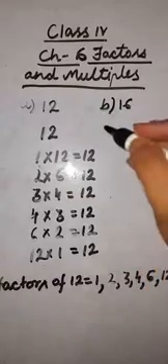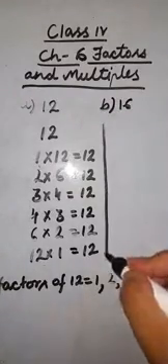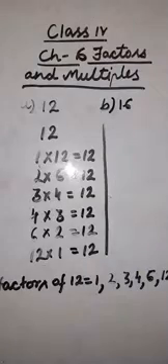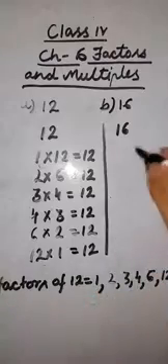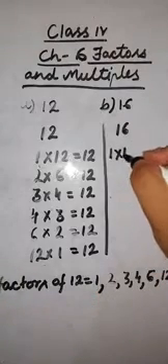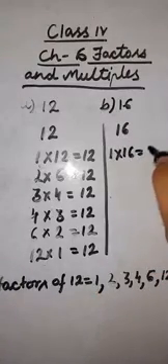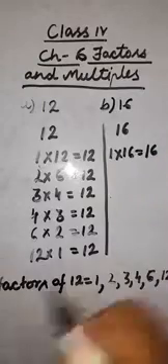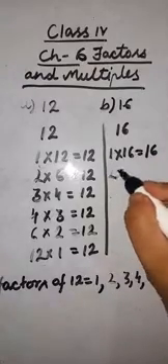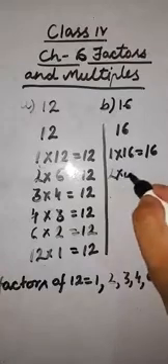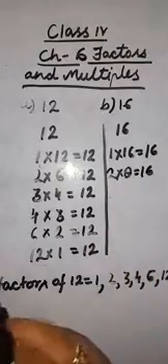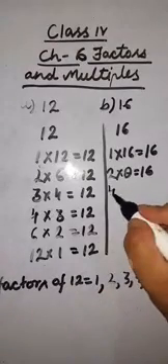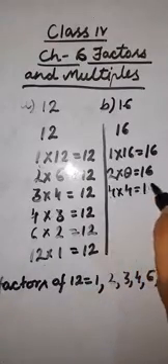Okay. Now we have another example, that is 16. So 16 comes in whose table? Observe that 1 multiplied by 16 is equal to 16. 2 multiplied by 8 is equal to 16. 16 does not come in the table of 3. 4 multiplied by 4 is equal to 16.